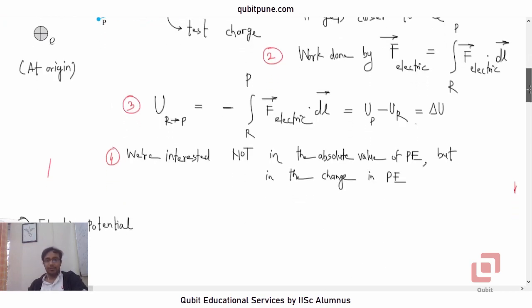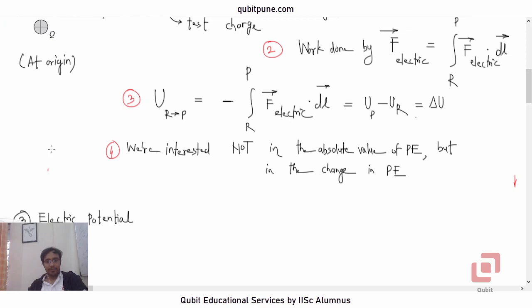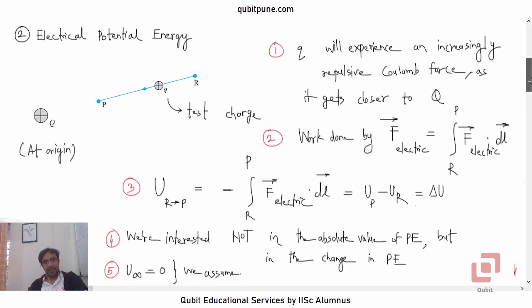The chosen location is infinity. At infinity we say the potential energy is 0. This is what we assume for this particular situation. Have you understood this?